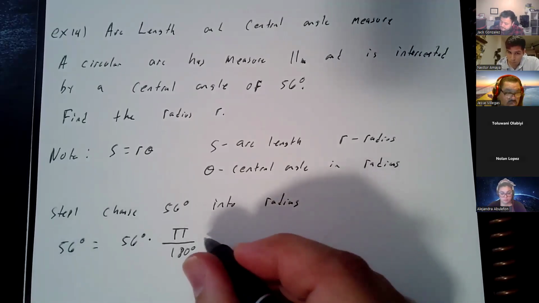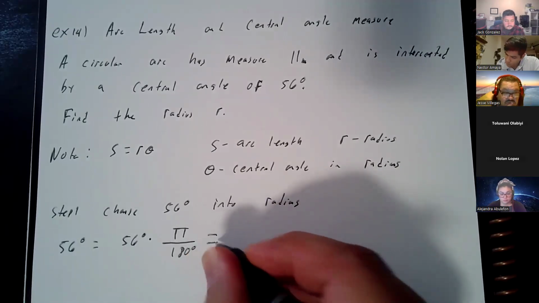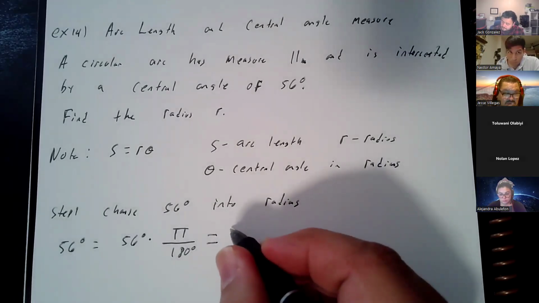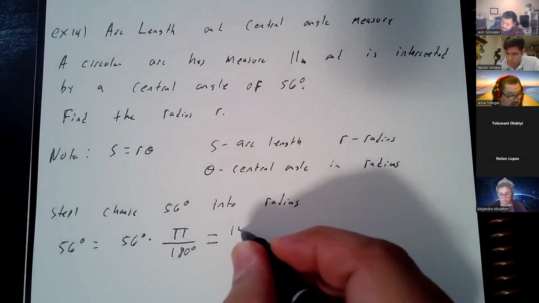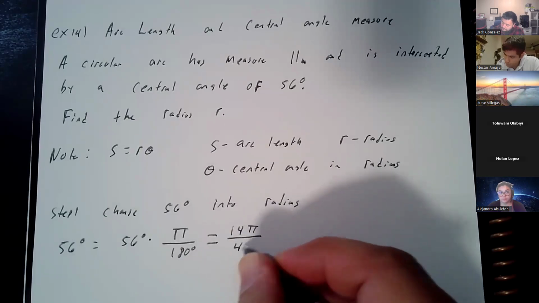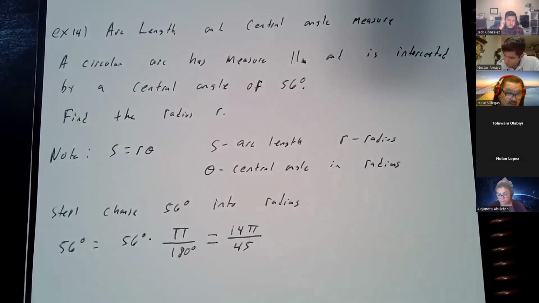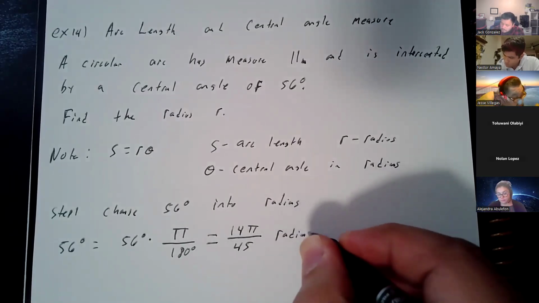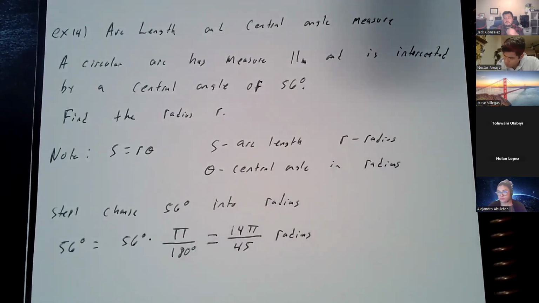So what does this reduce to? 14 pi over 45, right? If we keep it exact, it's going to be that.